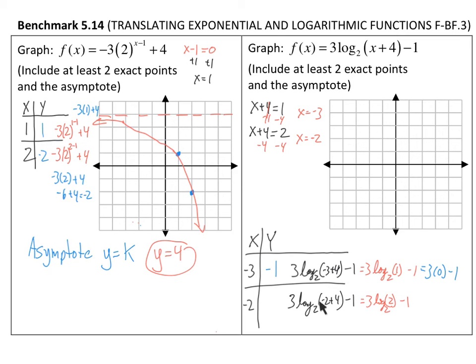So now we have this, because again, that was 2. And this is saying 2 to the what power is 2? Hopefully you know that's 1. So this is 3 times 1 minus 1. And arithmetic says 3 times 1 is 3, minus 1 is 2.